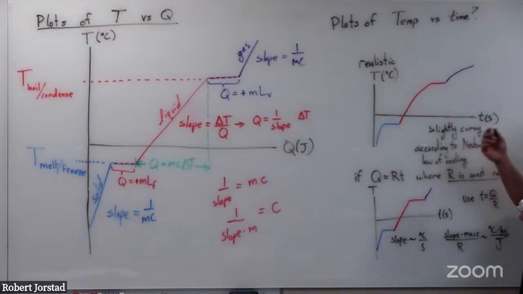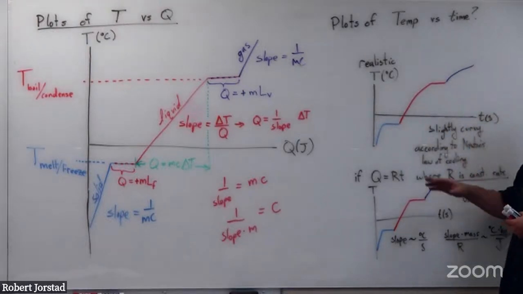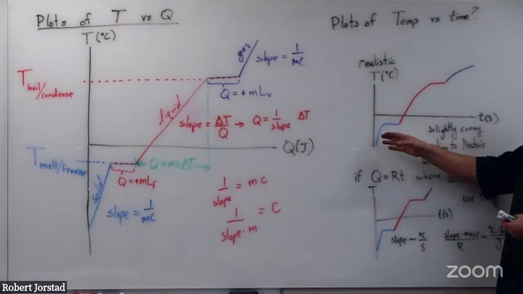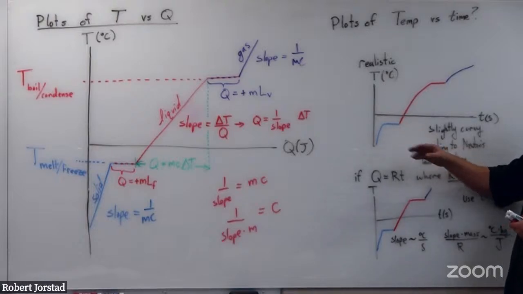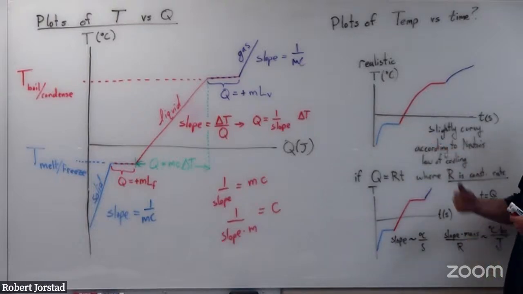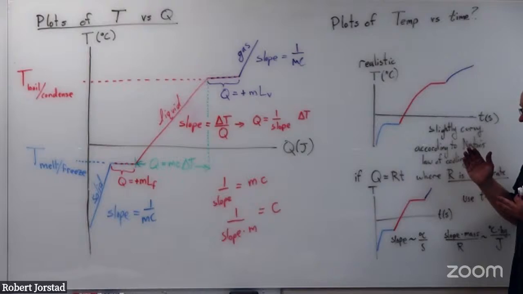Usually in the real world, they're always going to be slightly curvy. And I don't know if they're going to be concave up or concave down. But typically, according to Newton's law of cooling, the object will change temperature most rapidly when the temperature difference is as large as possible.